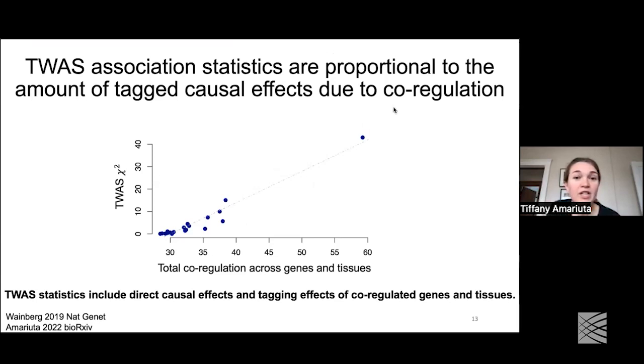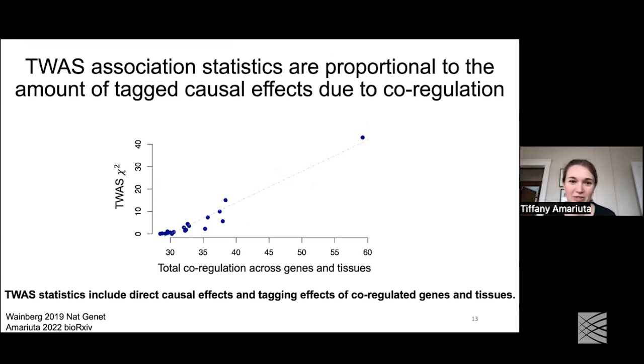All right. So more specifically and more quantitatively, what we found in our study is that TWAS association statistics are in fact proportional to the amount of tagged causal effects that arise due to co-regulation. Here, each dot represents a bin of genes, binned based on their total co-regulation across genes and tissues.